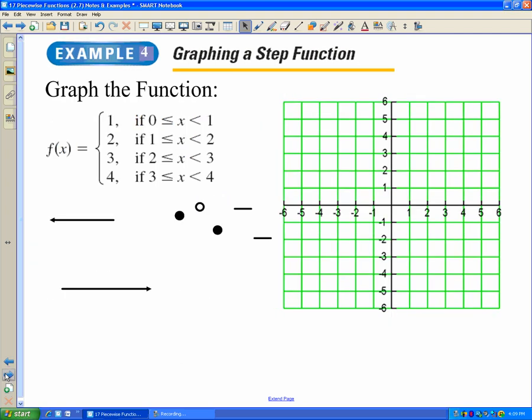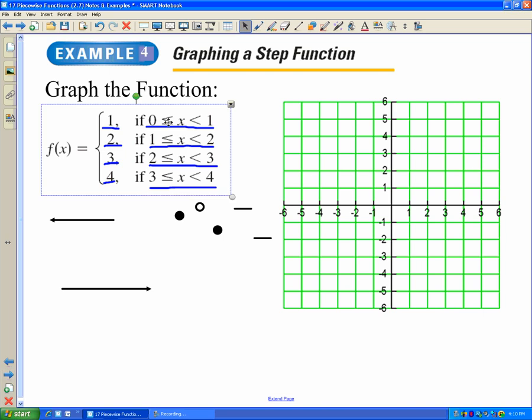So here we go. This is what's called a step function. In a step function, my graphs are horizontal lines, 1, 2, 3, and 4. And they're going to be broken up over my domain in a particular way. So I'm going to start, my lowest number is 0. I have a less than or equal to.